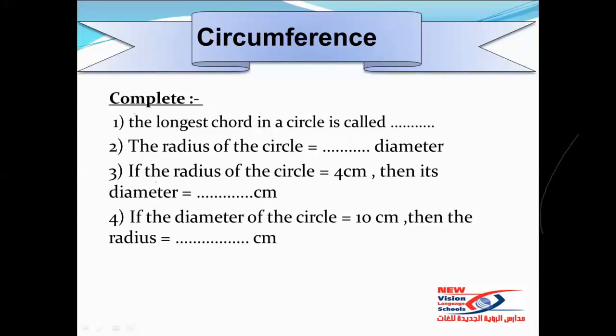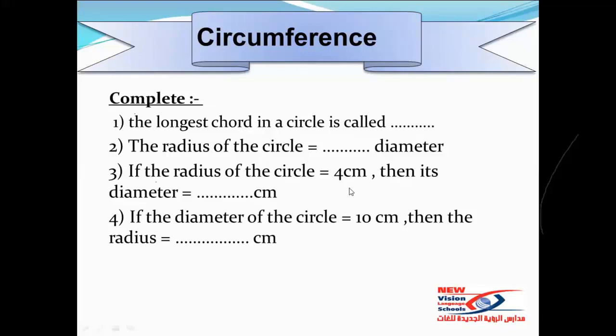Mariam? Pi d. Pi d, excellent. So we now have two rules. If the radius is given, we use 2 pi r. If the diameter is given, we use pi d. And pi is a constant equal to 22 over 7 or 3.14. Okay? Thank you.